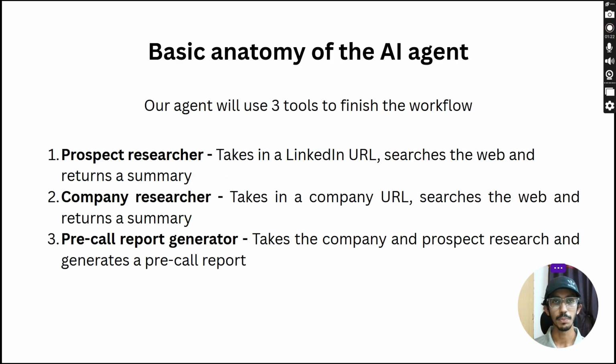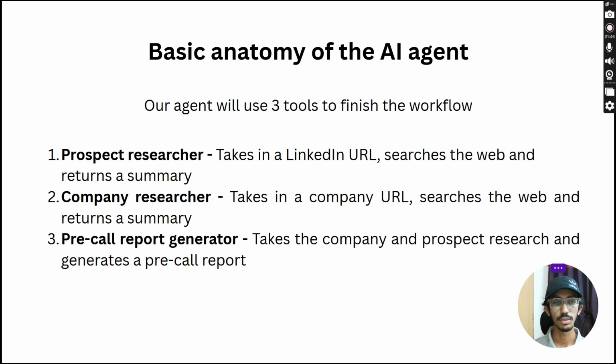Here is the basic anatomy of the AI agent that I'll build. Our agent will use these three tools to finish the workflow. The first tool is Prospect Researcher. This will take a LinkedIn URL, search the web, and return with a summary.